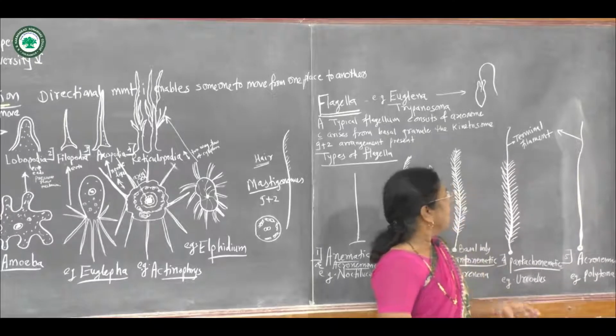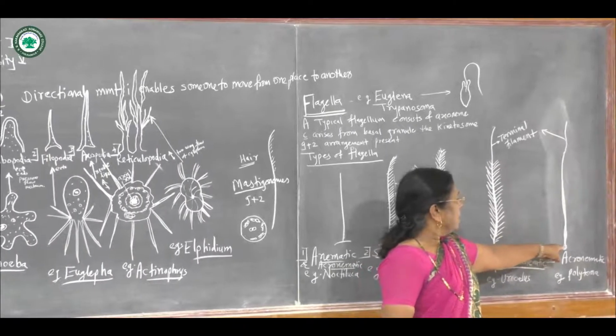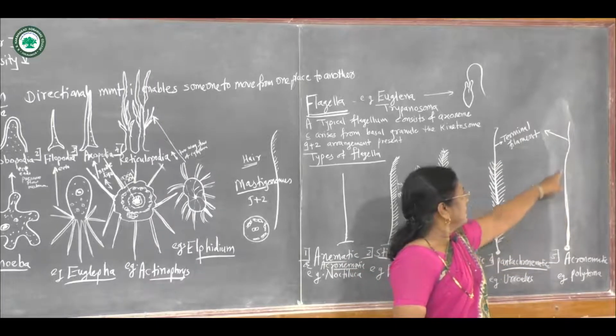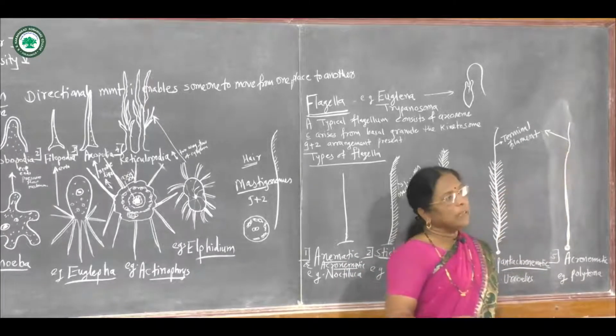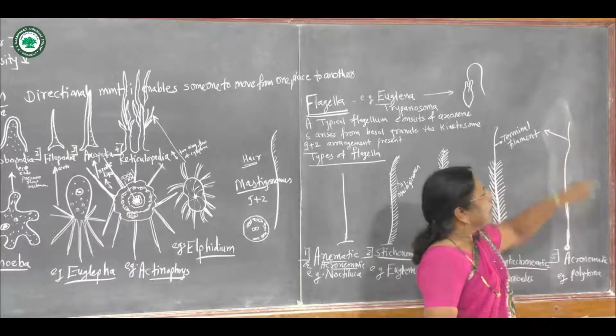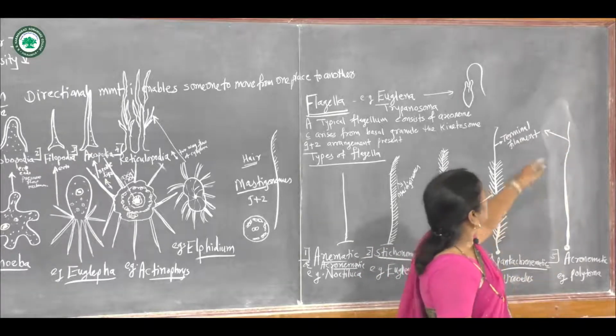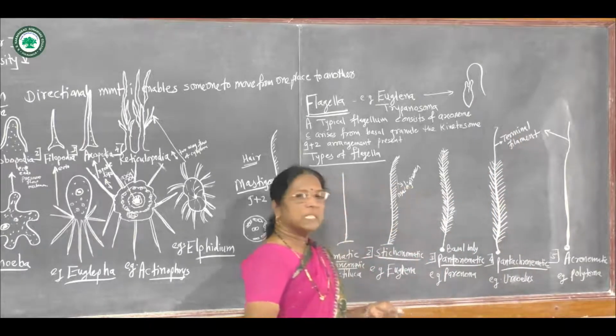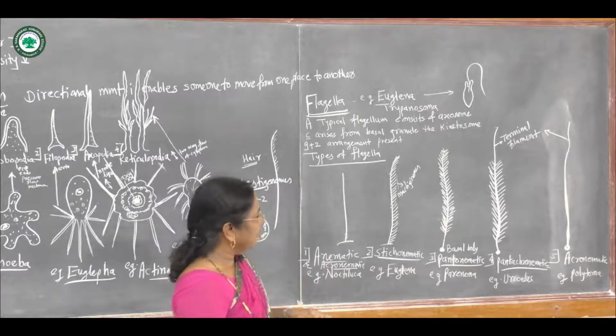Example, Polytoma. Here the entire flagellum is thick up to 1/3 part of the body, but the distal part is thin, which is called the terminal filament.